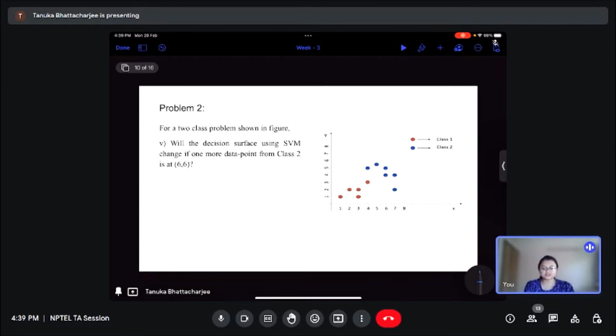Now let us see this question. Will the decision surface using SVM change if one more data point from class 2 is at 6, 6? So 6, 6 is this point. Here you have one more blue point. So do you think adding this point in the training data set will change the decision surface?